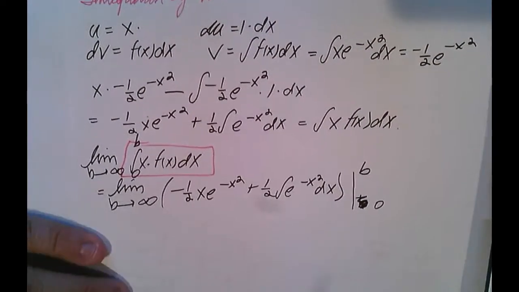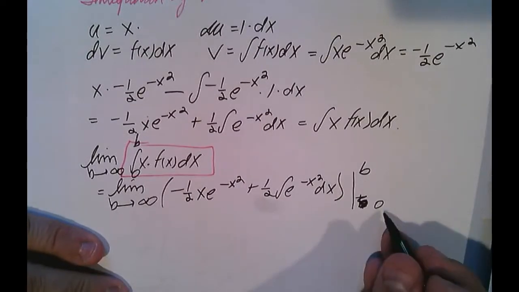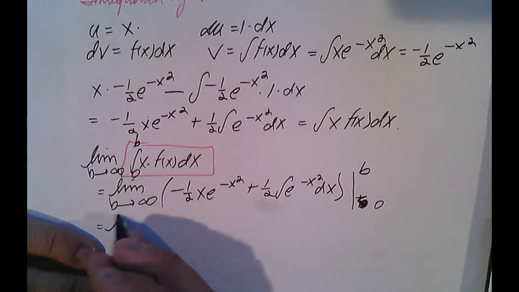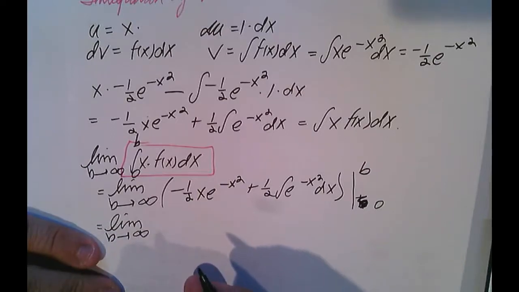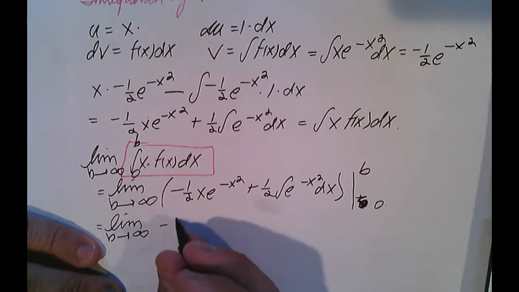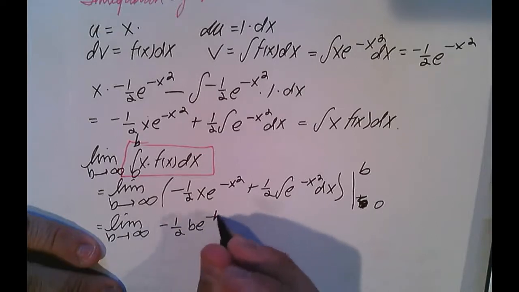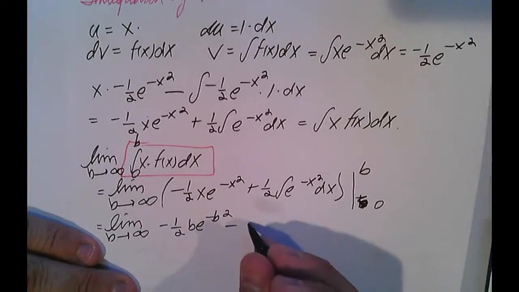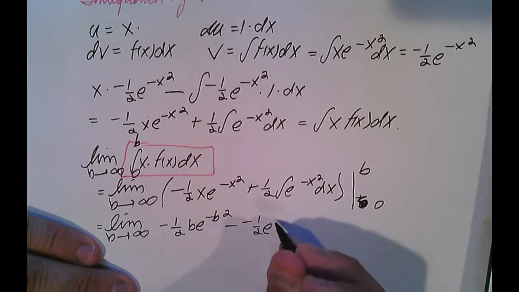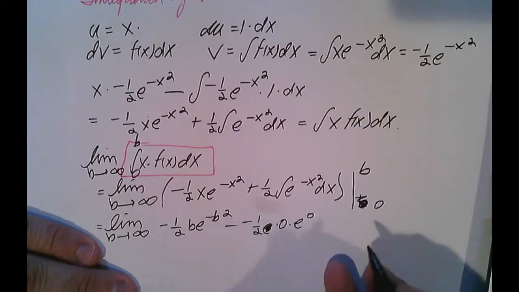To do this, we're going to plug in the b. You're going to plug in the 0, and you're going to subtract. So we get the limit as b approaches infinity of negative 1/2 b e to the negative b squared minus a negative 1/2 times 0, e to the 0.